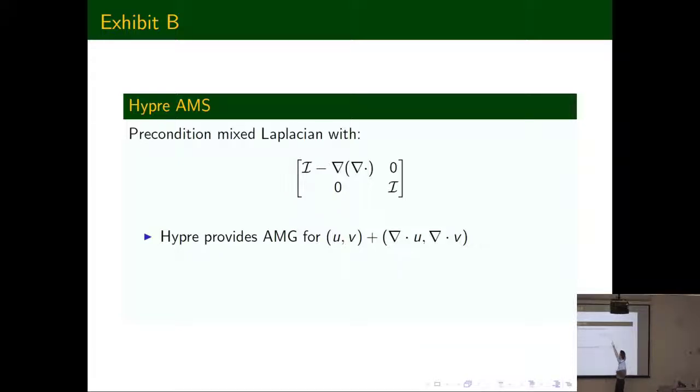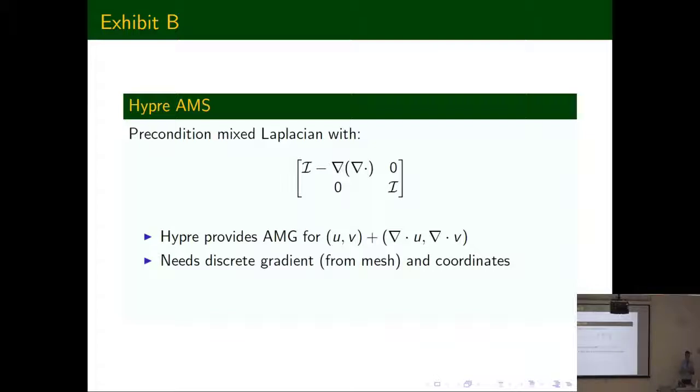So if we're doing this kind of Mardal-Winther HDiv Riesz map preconditioner, well, Firedrake will let us discretize that and get a matrix, but you need some other things. You need to be able to sniff at the mesh and say what's the discrete gradient, which has to do with the edge to vertex incidence relations, and you also need the physical mesh coordinates.